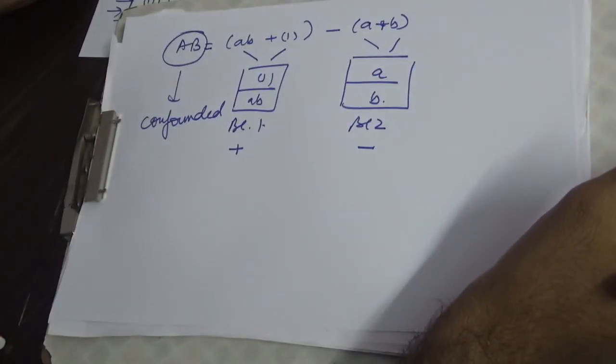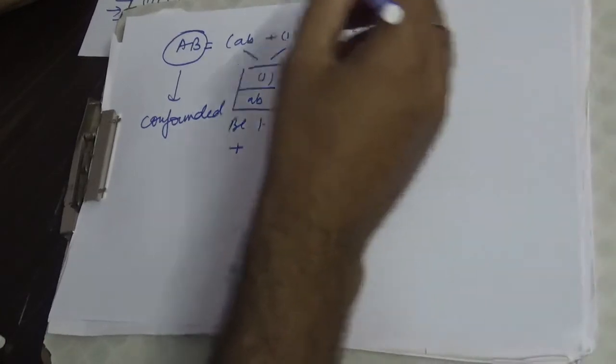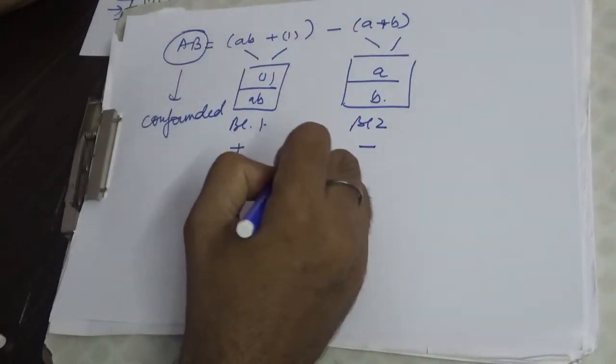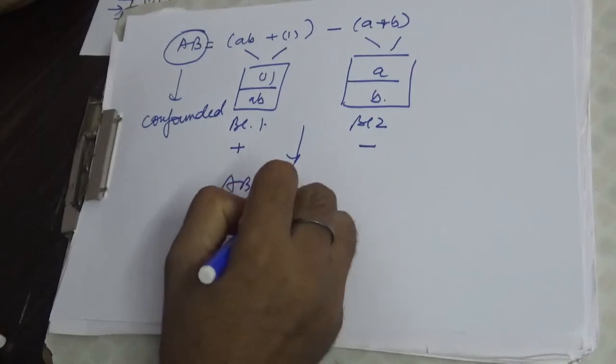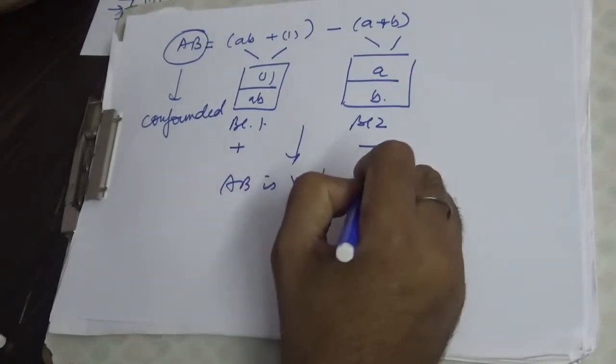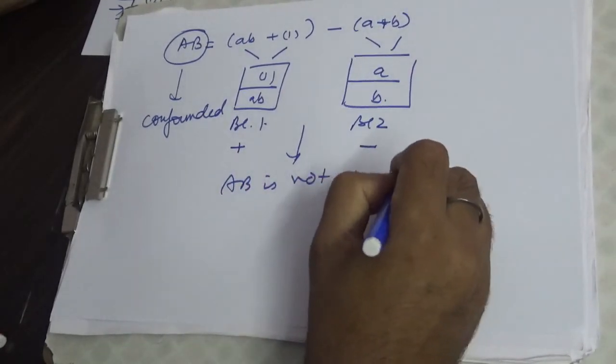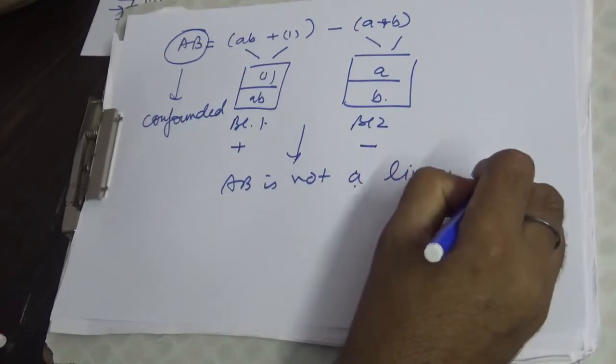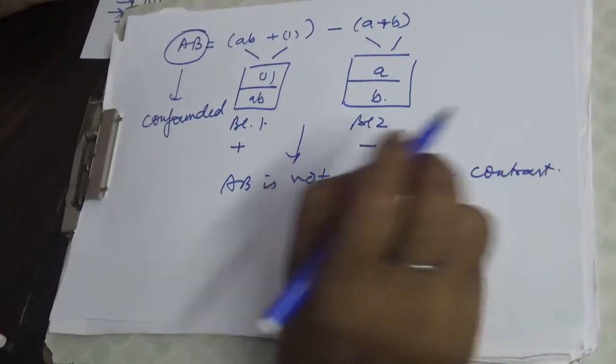So why is this happening? Because in this block arrangement, AB is not in the form of a linear contrast.